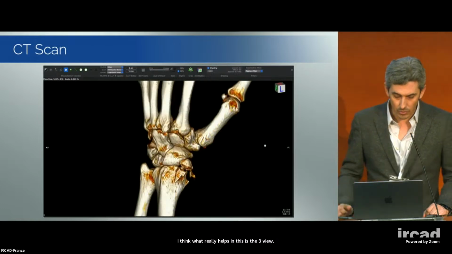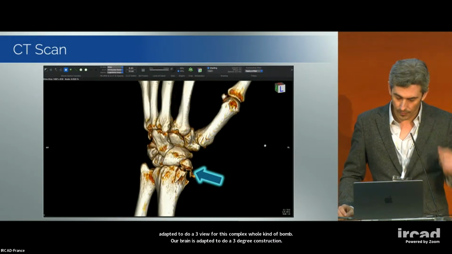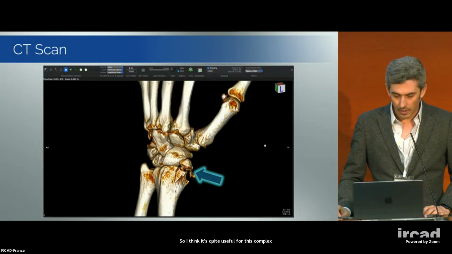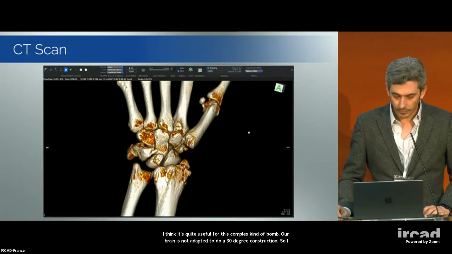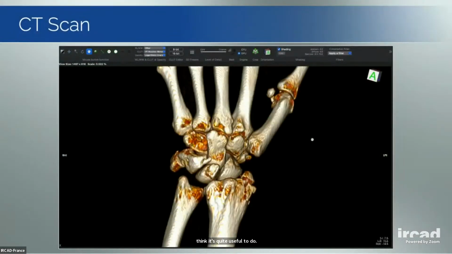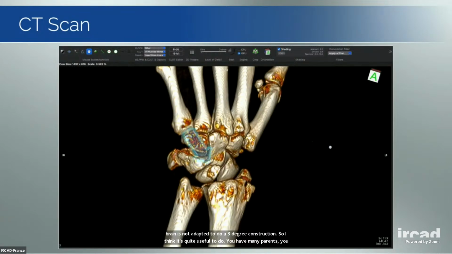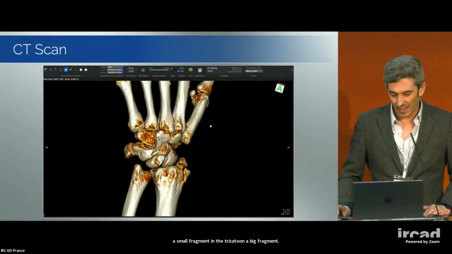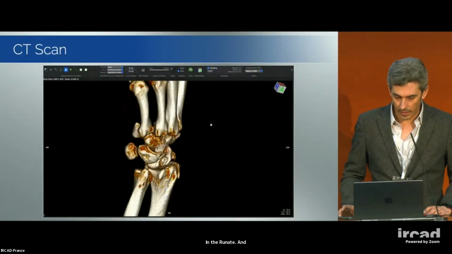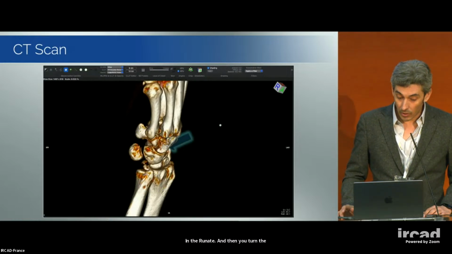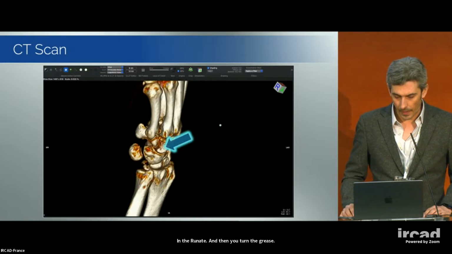So in the 3D reconstruction, you find a fracture of the radial styloid. On the dorsal side, you can see a small fragment in the triquetrum, a big fragment in the lunate, and then you turn the wrist, and probably the most strange thing is that you have a dislocation of the hamate.